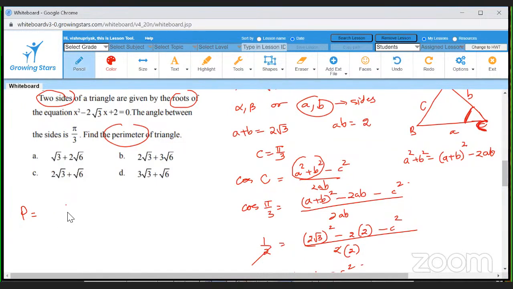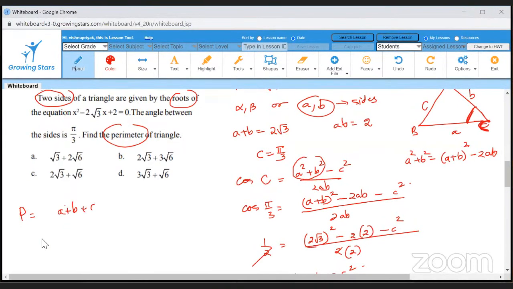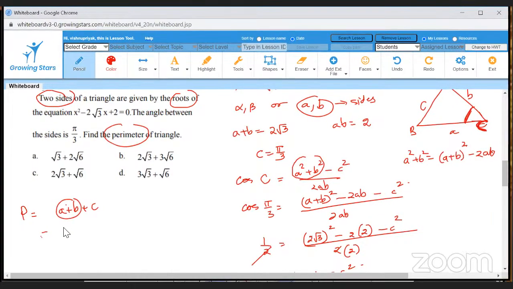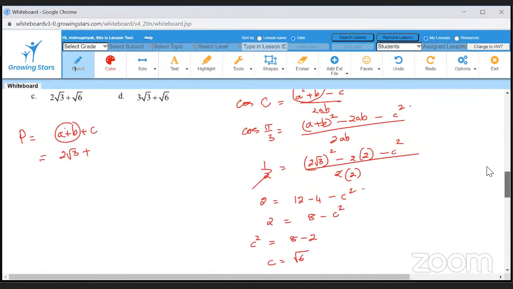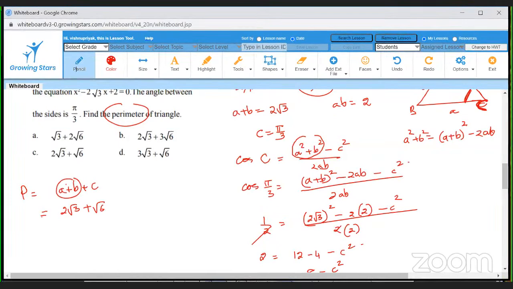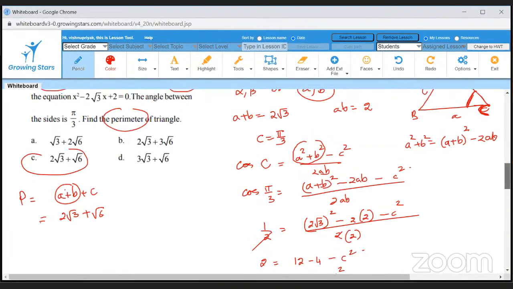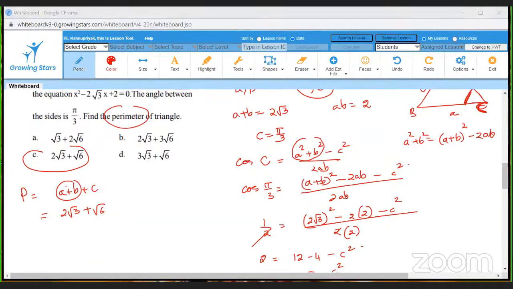Full perimeter will be A plus B plus C. Now, A plus B is 2 root 3, and just now you got C as root 6. So this will be the answer, in the options. This is how, using the given information, you have to find the values.